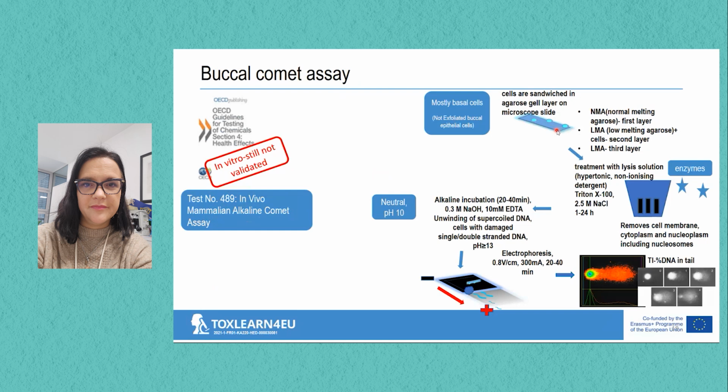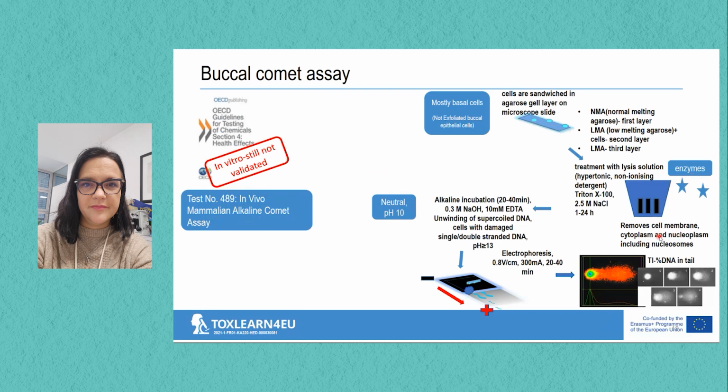After solidification, these microscopic slides with the cells go into the lysis treatment that removes the cell membranes, cytoplasm, and nucleoplasm, including nucleosomes. You can also make different specific types of the alkaline Comet assay, depending on the DNA damage, for example oxidative DNA damage with FPG or other enzymes. After the lysis treatment, you are using the treatment with those enzymes.